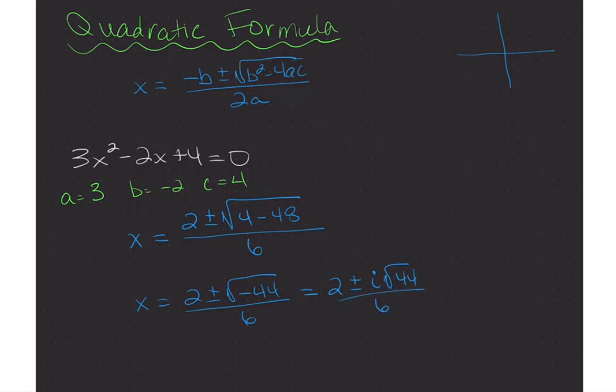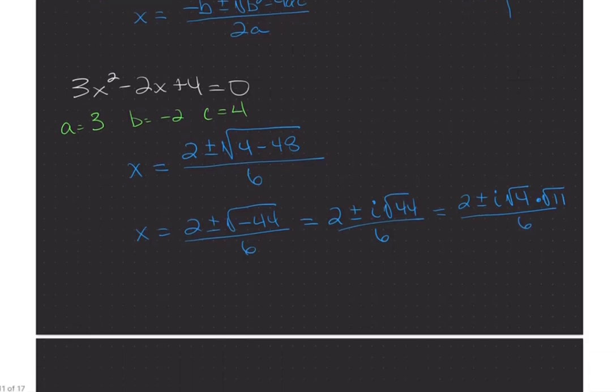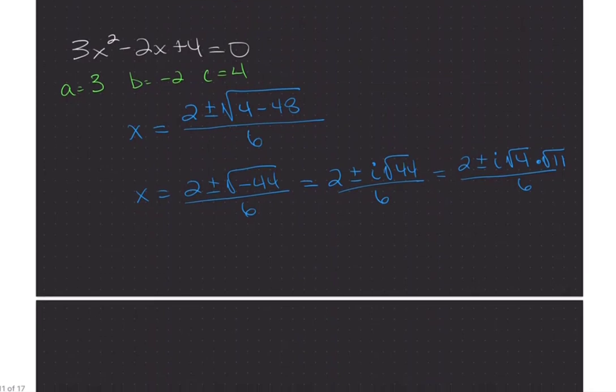I'm looking at that square root of 44 to see if there's a way that I can simplify that down, that I can break it down. I'm looking for those perfect squares, and I'm going to come up with 2 plus or minus i, and I'm going to break 44 down into the square root of 4 times the square root of 11, and that's all over 6. Ooh, I'm going to run out a little bit of room here. We're going to squeeze that up.